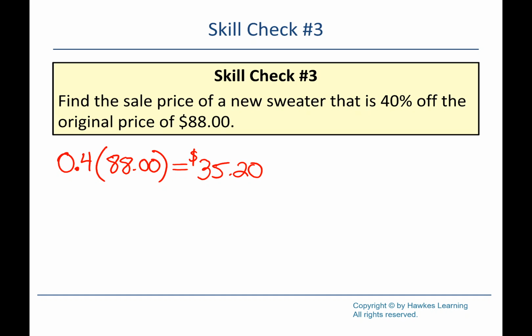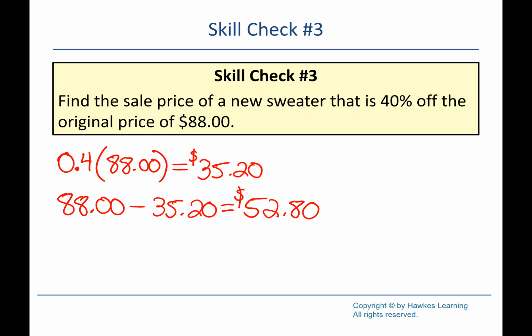And since this is a discount, we would subtract that from our original price. So $88 minus $35.20. 52.80. Oh. Got pretty close with our estimate there.